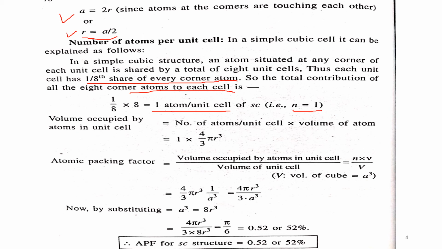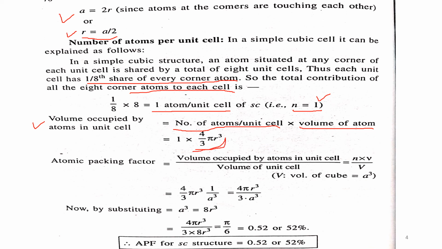Then we are going to study the next point, that is the volume occupied by the atoms in the unit cell. What is the formula? The number of atoms per unit cell into the volume of atom. The number of atoms is 1. Therefore, 1 into the volume of atom. The atom we always consider as a rigid sphere. Therefore, the volume of a sphere is 4 by 3 pi r cube.